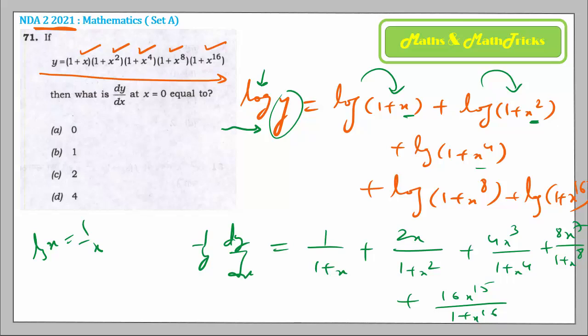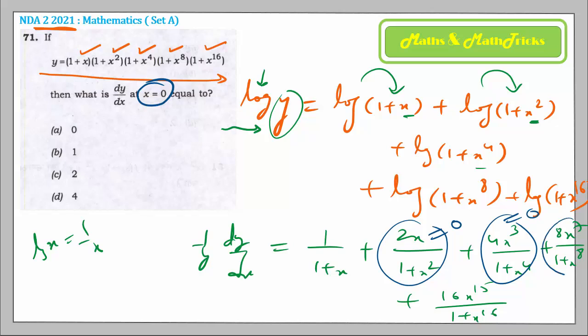So basically the simple part of this question is that they asked x equal to 0. So you can simply put now x equal to 0. So this term will become 0, this term will also become 0, this term also becomes 0, this term also becomes 0. What remains here? 1 upon 1 plus 0, that is 1. And y is also there to substitute the 0 value, right?